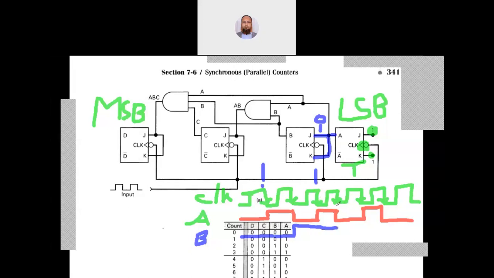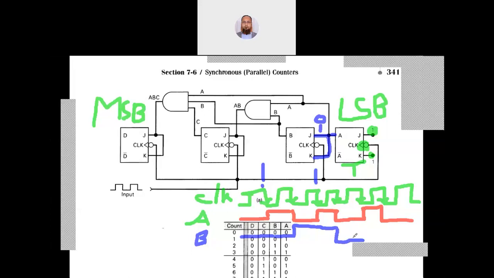Next, again, A became high. As soon as A became high and the clock comes, this will toggle flip-flop B. So now B will go to the low state. Again the clock comes, A is low and the clock comes.